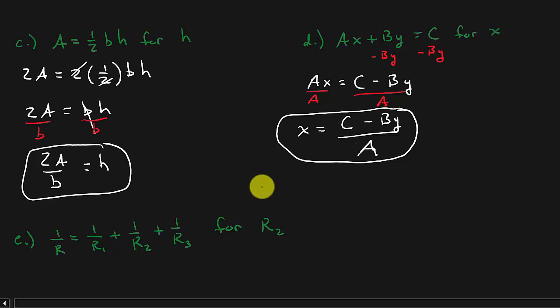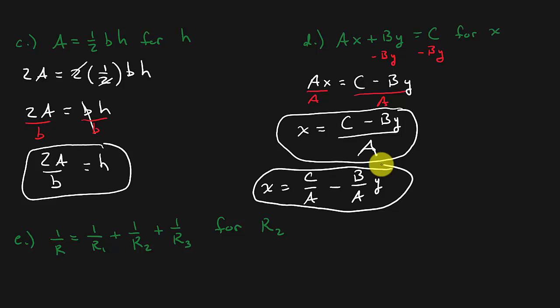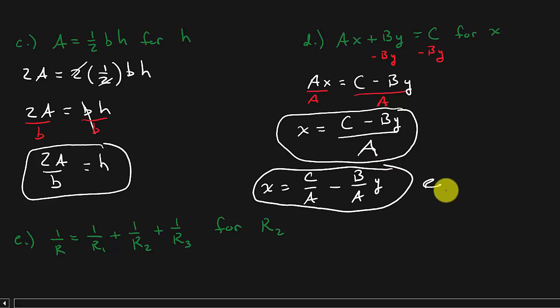Another way that you could write this answer is if you split this up. That's a correct answer too. What's the back of the book going to have? No idea. Depends on what book you're looking at. You might see this, you might see this, but both of them are correct.